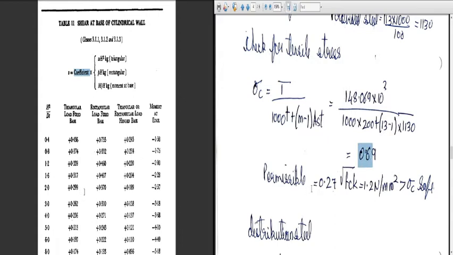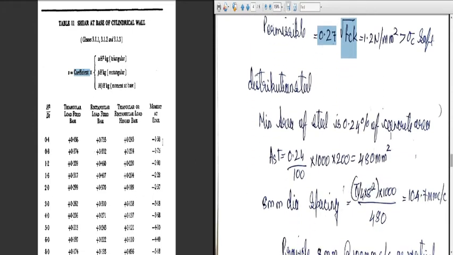So permissible we calculate by 0.27 root of FCK, so 0.27 root of 20, which is working out to be 1.2 Newton per mm square, which is greater than sigma C, hence safe. So this 1.2 is greater than 0.69, hence it is safe. So let us see about the distribution steel now.